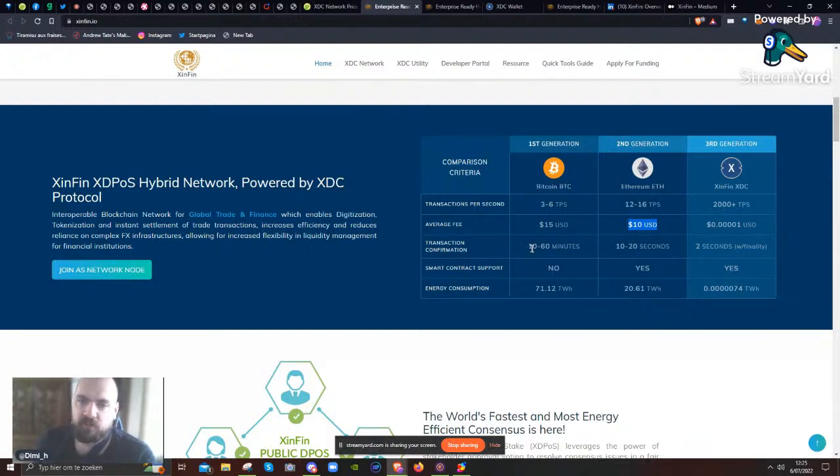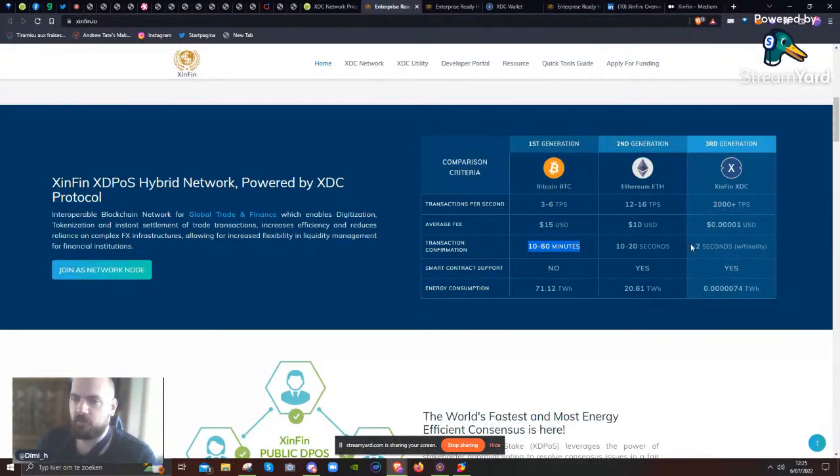Transaction confirmation, 10 to 60 minutes, 10 minutes at max with Bitcoin. If you're at 60 minutes, it means you aren't really trading Bitcoin, but probably working on a second layer solution. By reason, transaction confirmation time for Bitcoin is at max 10 minutes, which coincides with confirmation of the block. Second generation, 10 to 20 seconds.